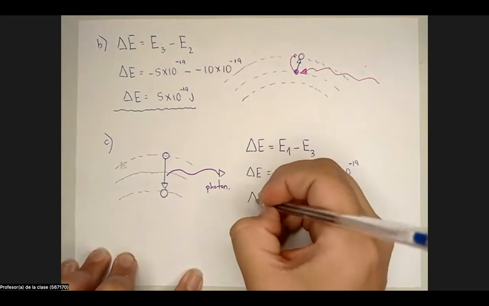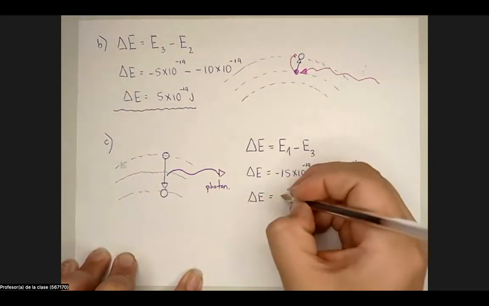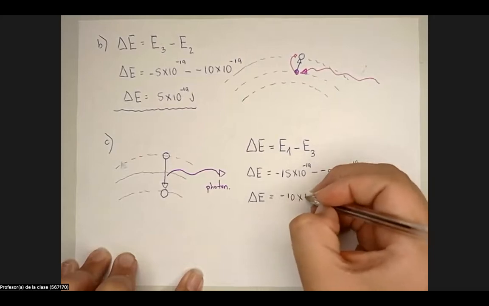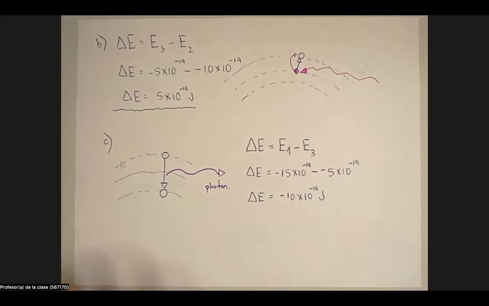So if we do the subtraction here, we will have minus 10 by 10 to the minus 19 joules. Okay, look at this. This is very, very, very important.